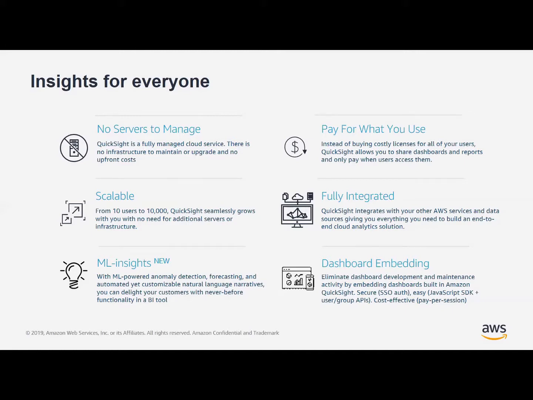Of the things we're going to review today, ML Insights is going to represent the bulk of it. There's a couple of other new things that were launched within the last month. The second one being the ability to schedule email reports, but have those be customized per user that you send them to.